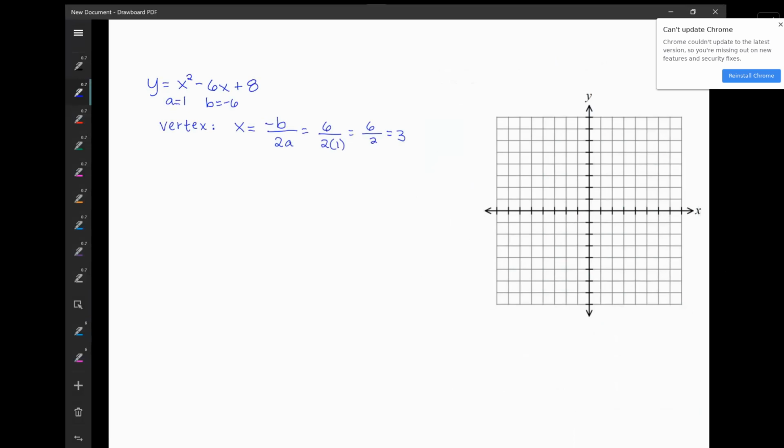Now to get the y-coordinate of the vertex, we're just going to replace x with 3. So 3 squared minus 6 times 3 plus 8. So that's 9 minus 18 is negative 9 plus 8 is negative 1. So the vertex is (3, negative 1).